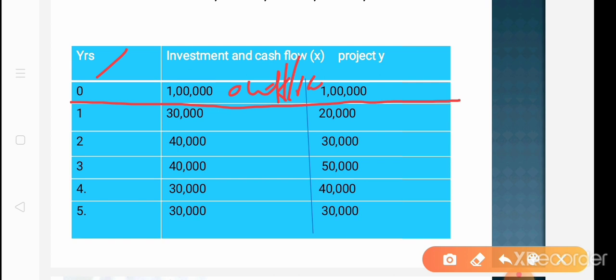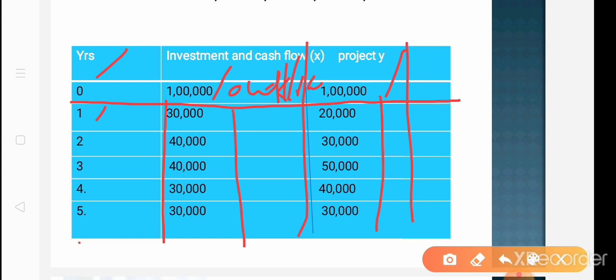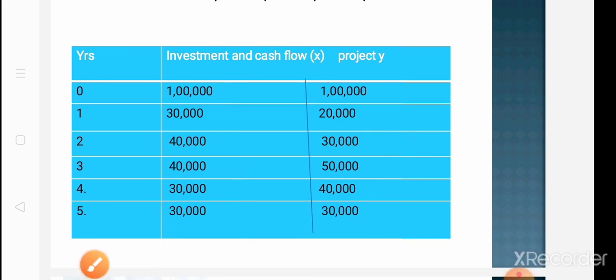Both project X and project Y's investment amounts are equal. Here there are inflows from the 1st year to the 5th year. Then how can we solve the problem under NPV?